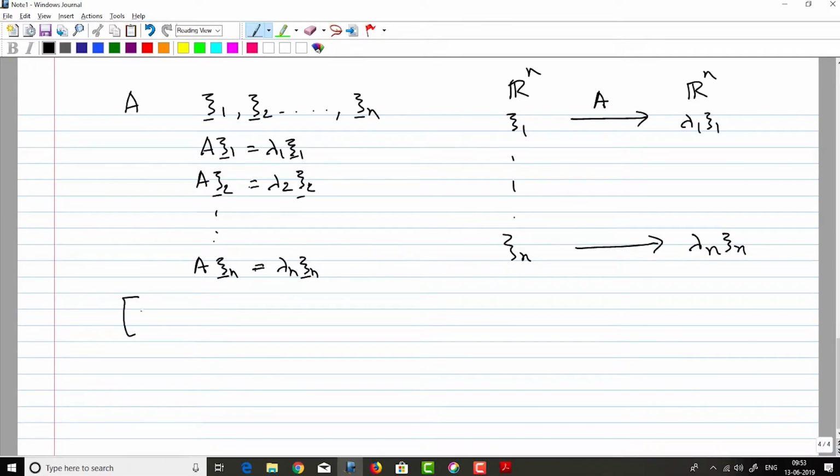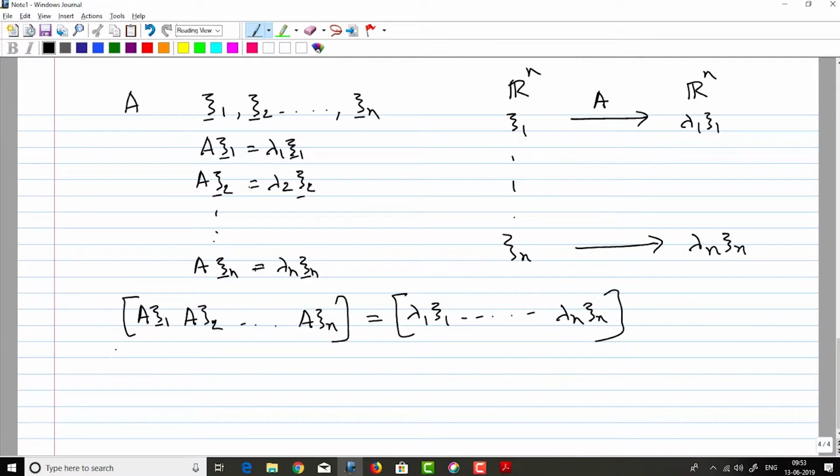So we can write the column vectors A xi1, A xi2, up to A xin, equal to lambda 1 xi1 to lambda n xin.